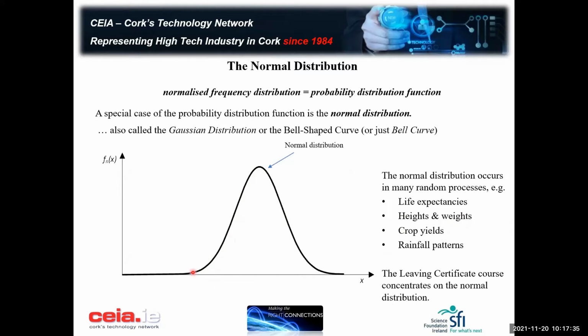As you get further away from the average, it becomes less and less likely, and so you see this drop off of a tail as you get further away from the average. So this is the normal distribution, the bell-shaped curve, and pretty much every problem you'll encounter in the Leaving Cert statistics is to do with this normal distribution.